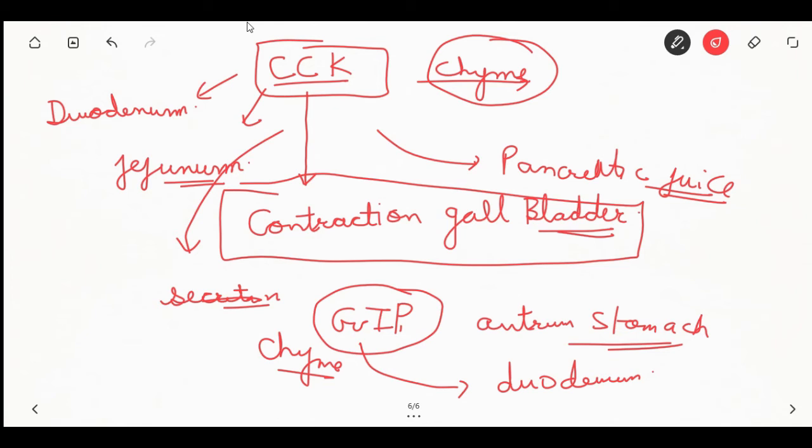Remember, this gastric inhibitory peptide stimulates the beta cells in the islets of Langerhans to release insulin. So it causes insulin secretion whenever chyme with glucose enters the small intestine. Recent studies revealed that this hormone does not show any significant action on gastric secretions.